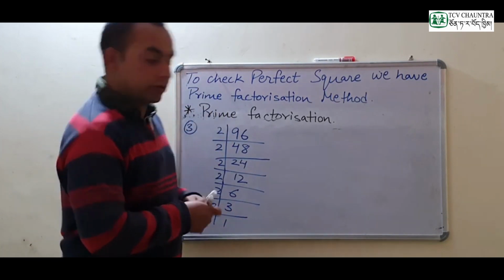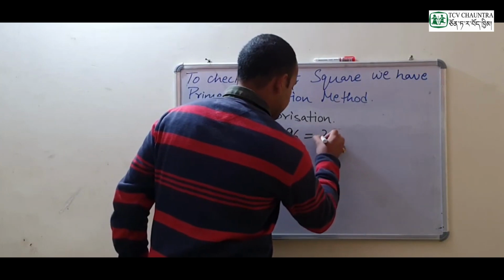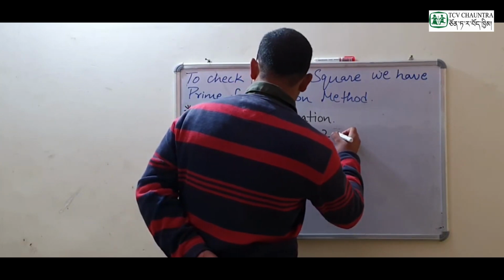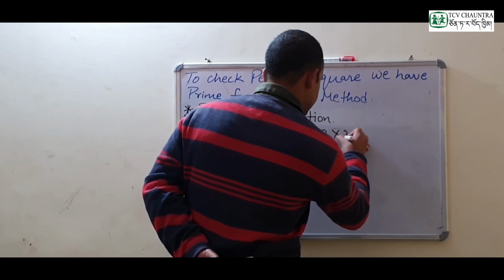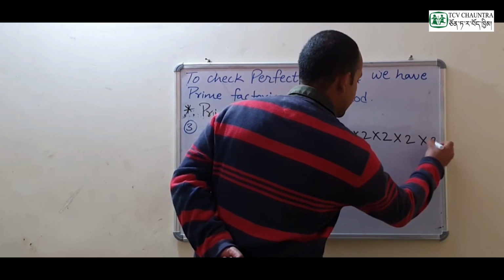So the prime factors of 96 are 2 multiply by 2 multiply by 2 multiply by 2 multiply by 2 multiply by 3.